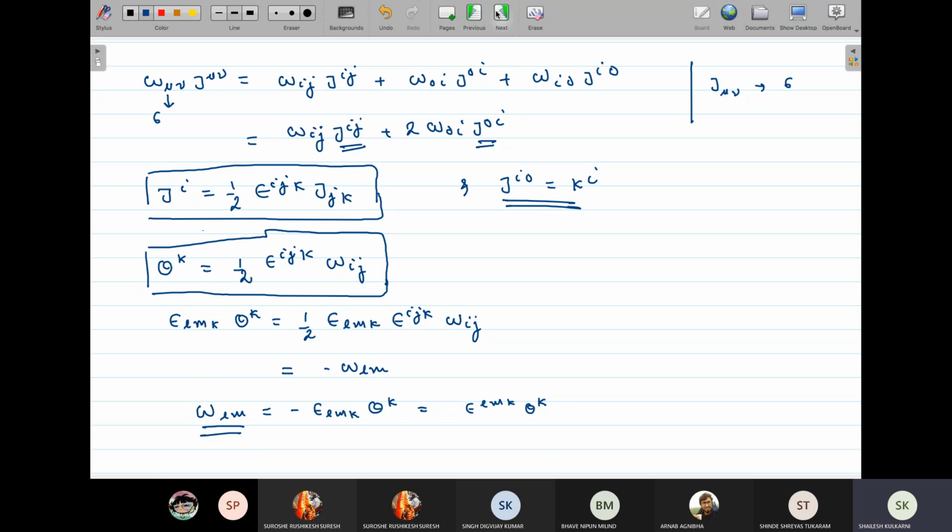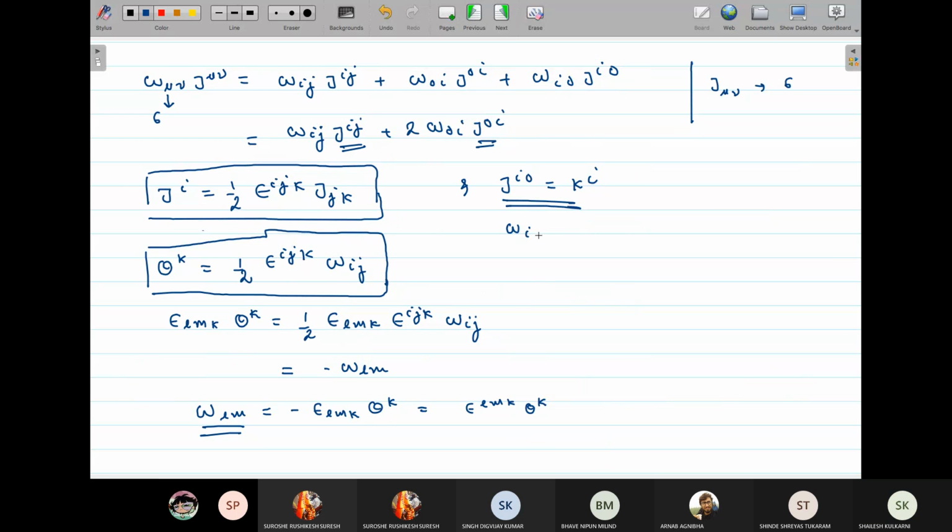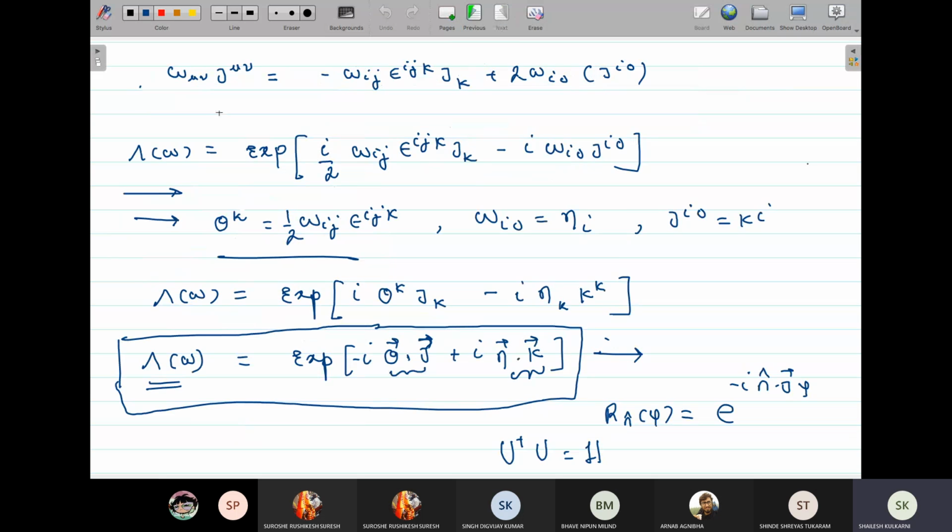If I define this, and omega_i0 as eta_i, these relations together with this I can use to simplify omega_mu nu J^mu nu. So I can write omega_mu nu J^mu nu as minus omega_ij epsilon_ijk J_k, where I substituted the form for J_mu nu, and this I kept as it is.